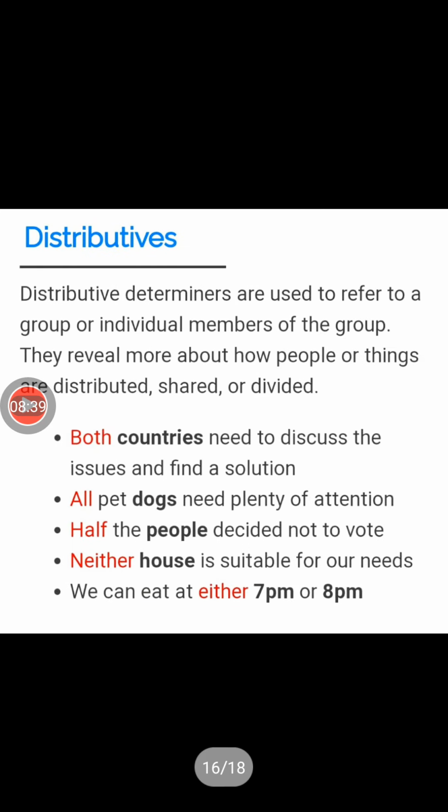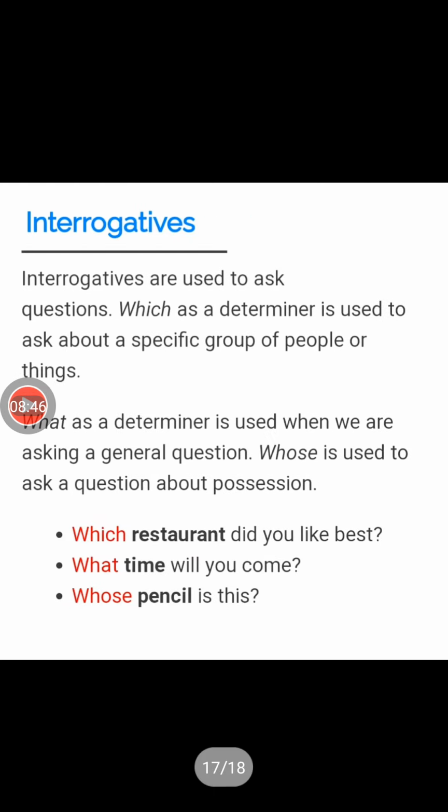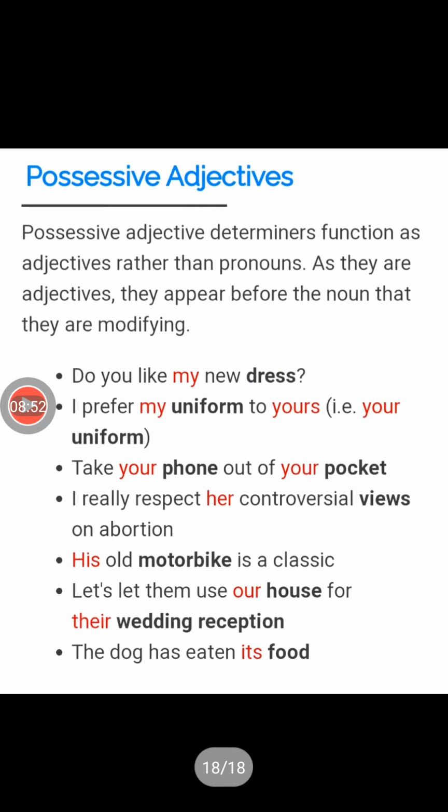Then we have distributors, both, all, half, neither, either. Please go through it well. And interrogatives, which are which, what, whose, 5 W's and 1 H. Then possessive adjectives, my new dress, my uniform, your phone, his bike, their wedding.